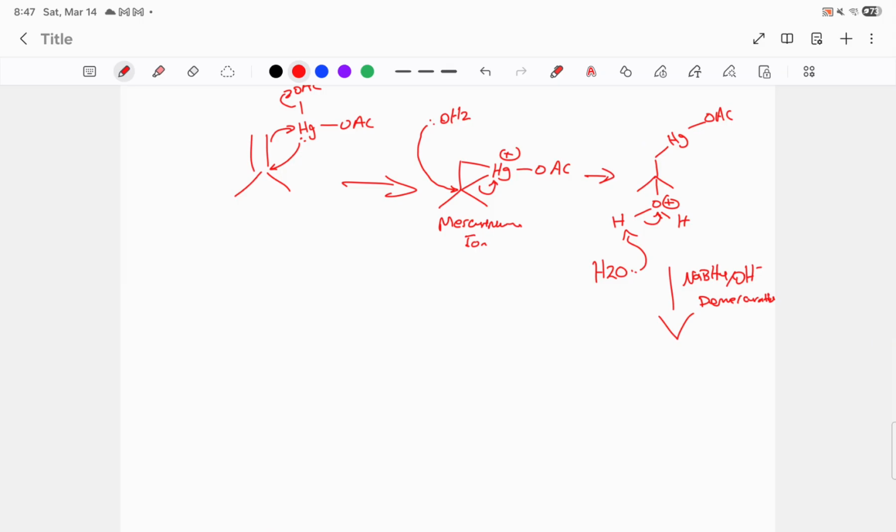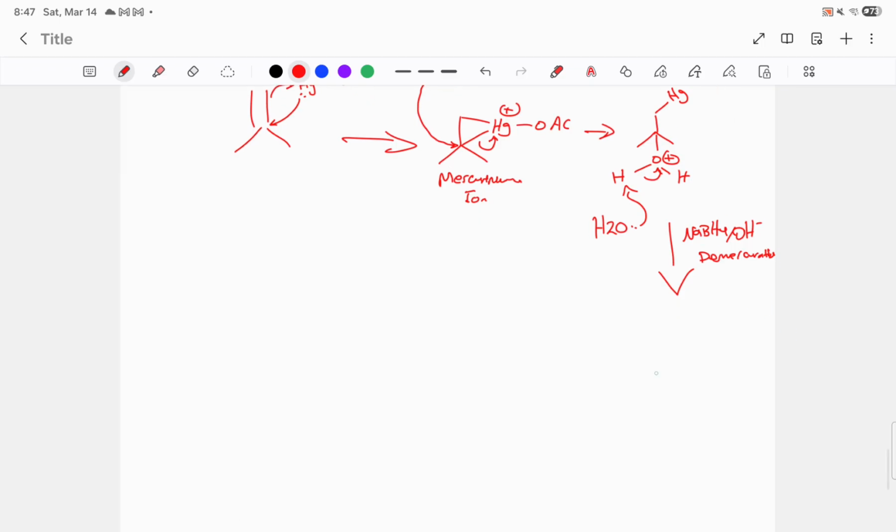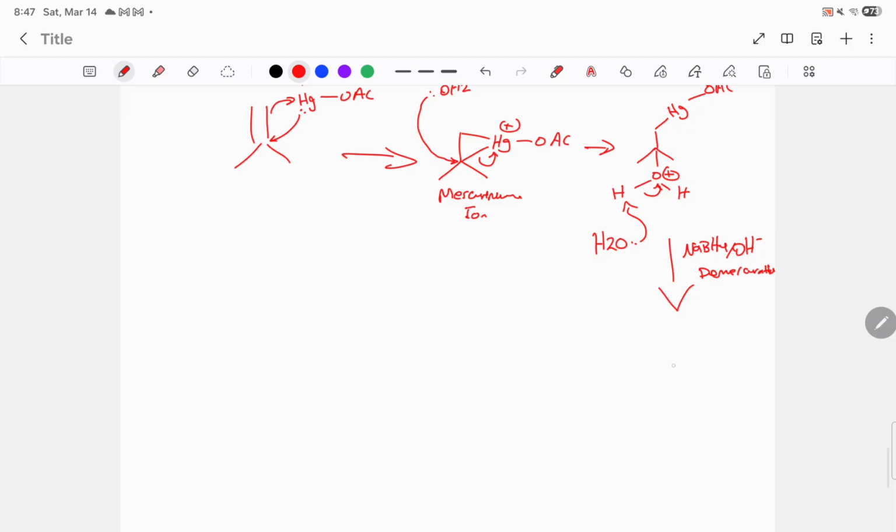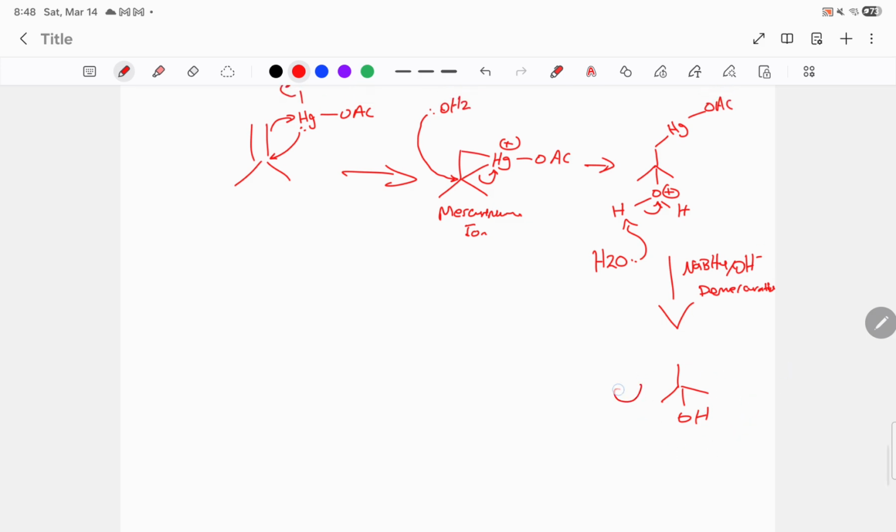And it reduces this carbon-mercury bond and replaces the mercury acetate with a hydrogen, and it generates this alcohol. And so now, again, you can see we will have our product, and the better way to draw it, I told you, was boom.